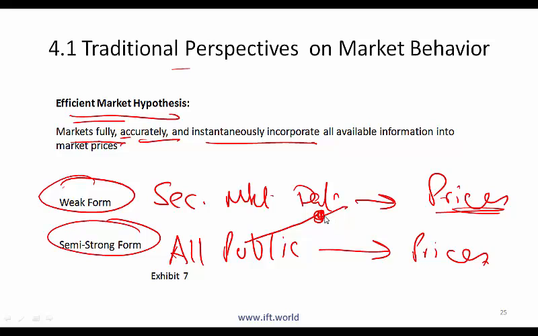So now here you can take a look at Exhibit 7. So here is what Exhibit 7 does. How do you try and disprove the semi-strong form of the efficient market hypothesis? You try and take some information. For example, Exhibit 7 looks at the estimated alphas for 115 mutual funds.